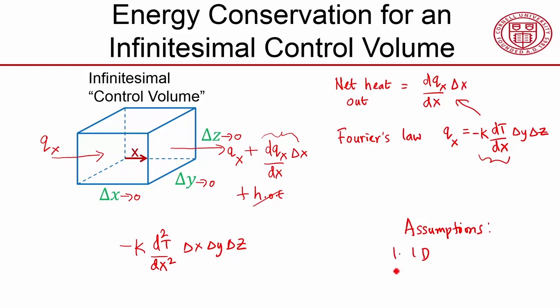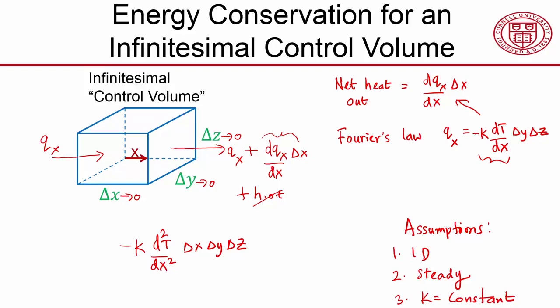I also have assumed that there is no variation of the temperature with time, so I'm assuming that it's steady. And I'll also assume that k is a constant, that is, we have constant thermal conductivity. We can relax all these assumptions, but it would just make the details more complicated.